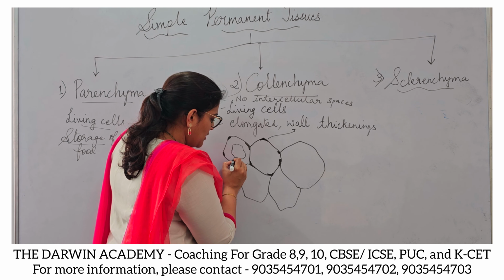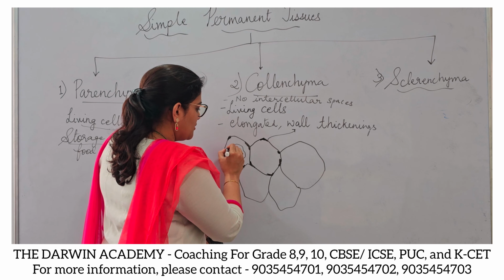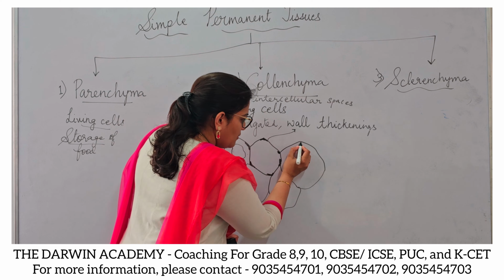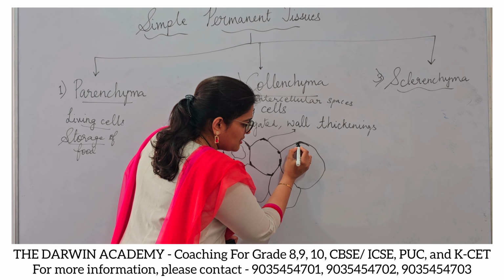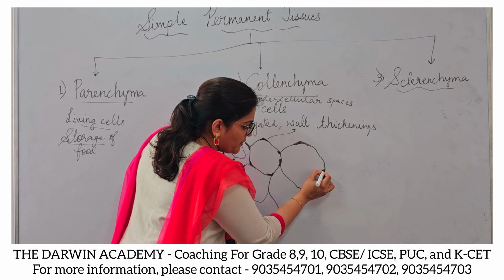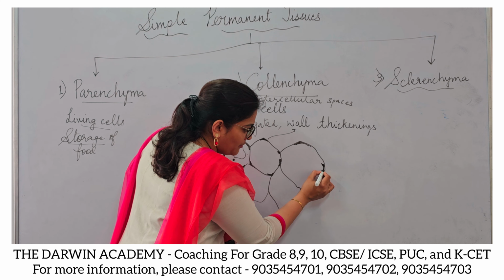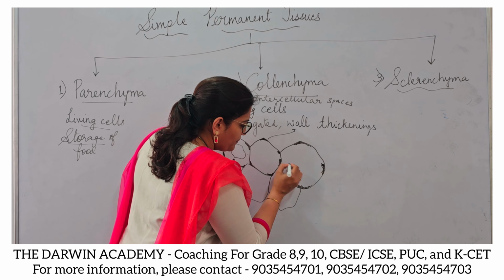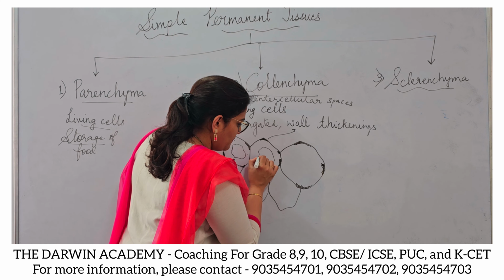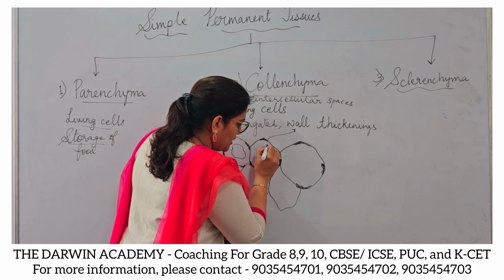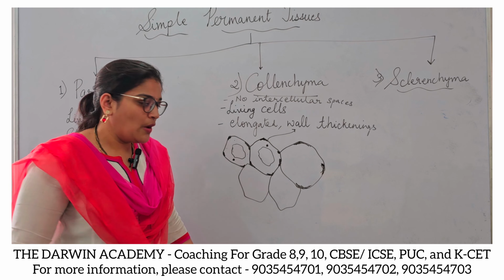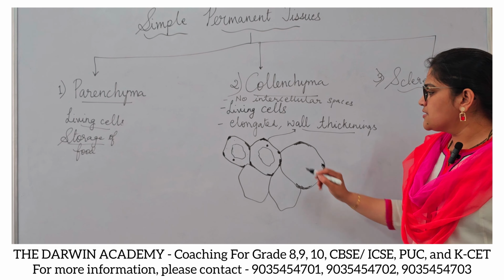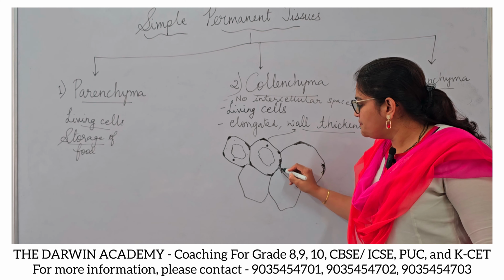You will see the nucleus here, and also other cell organelles in the cytoplasm. This is, mind you, just a rough diagram. I'm not spending my time drawing a neat diagram, just want to make you understand the concept. This is the vacuole and you have the nucleus. It is the same in all cells.